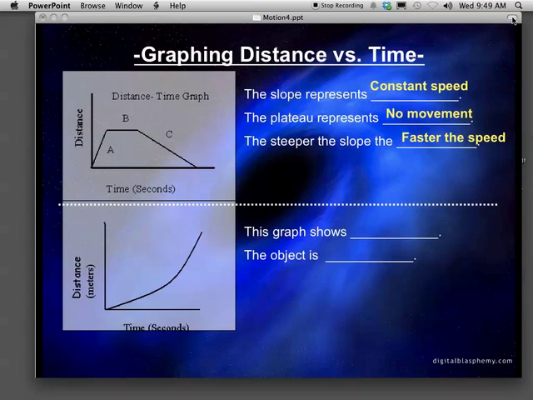Thomas? It's not staying constant, so it's changing speed. How? It's going faster at a rate. Speeding up. It's accelerating because the line is getting steeper, meaning it's covering a greater distance for a smaller time interval, showing acceleration.